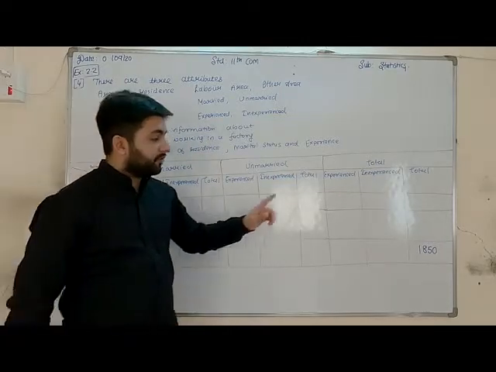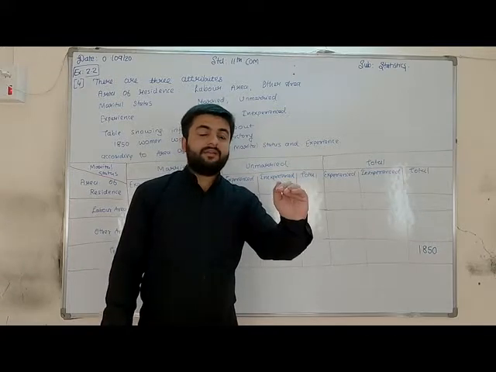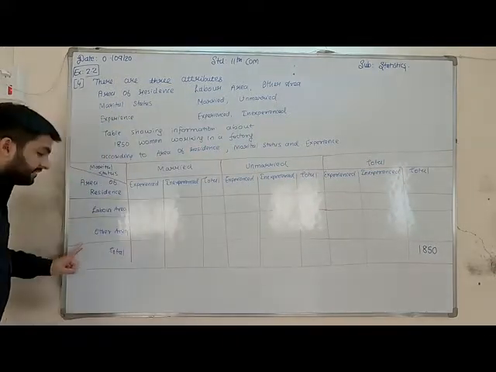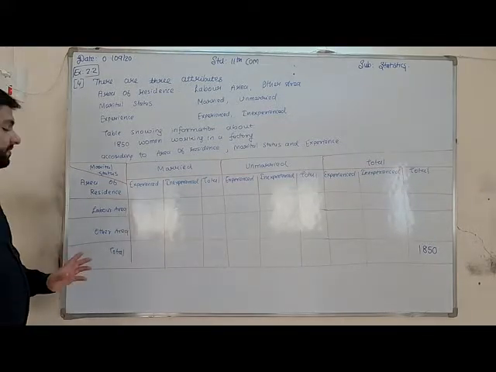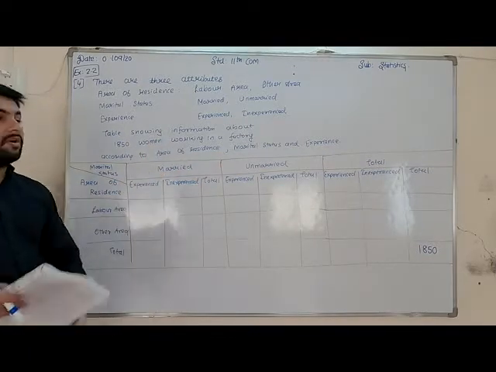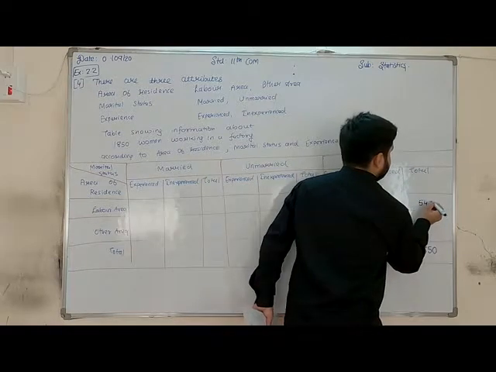See, they are telling total women are 1850, and from that, 549 are residing in labor area. Total women are 1850 and they are talking about the women of labor area, but they have not said married or unmarried. So these are the total women, 549.